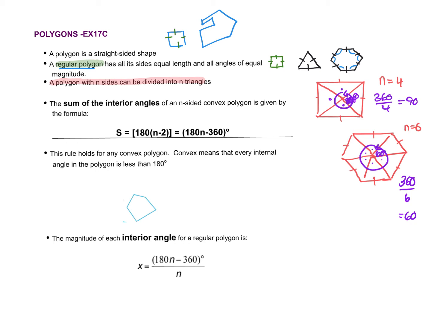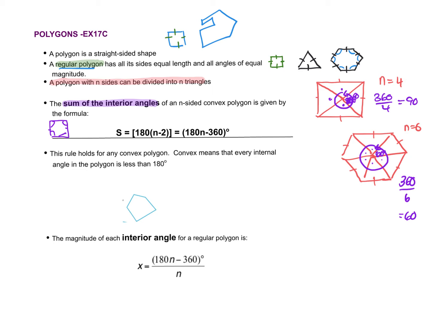All right, but we've got a few new formulas to look at, and we can find the sum of the interior angles. So if I had a square, I'd be adding up all these. This formula will add all those angles up and give me the number. Now we know there's 360 inside a square.